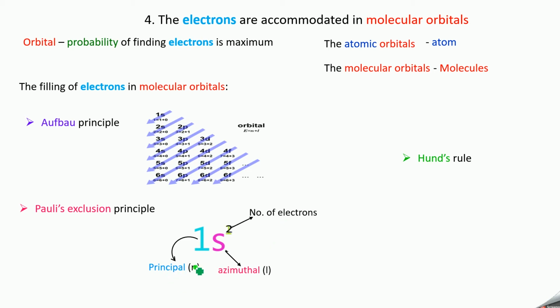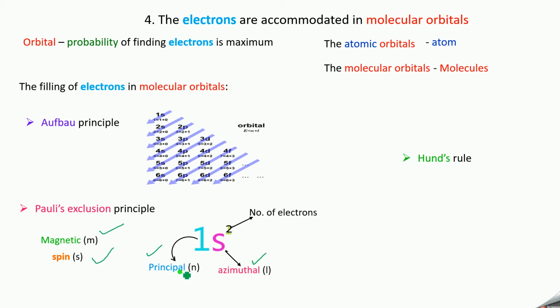So we have the principal quantum number and azimuthal quantum number, and two more quantum numbers, that is, the magnetic quantum number and spin quantum number. We have two electrons in this s orbital, and these two electrons cannot have all four quantum numbers identical. They should not have all four quantum numbers the same.